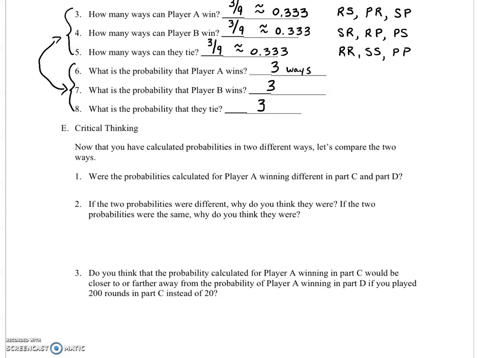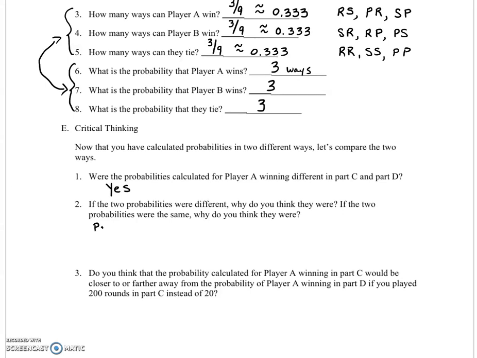So in my case, were the probabilities different? Yes. So why do you think they were different? Or if yours happened to be the same, why do you think that is? So here's really what we just learned by doing this.